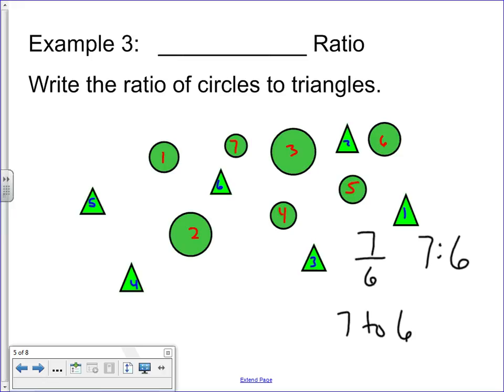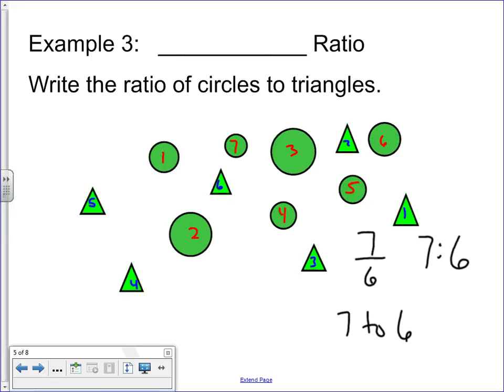Now, looking at that, we want to decide, is this a part-to-part or part-to-whole ratio? So take a look. Are all circles triangles? And are all triangles circles? Well, obviously the answer is no. So that tells me that I'm comparing two different things to each other. I'm comparing circles to triangles and triangles to circles.